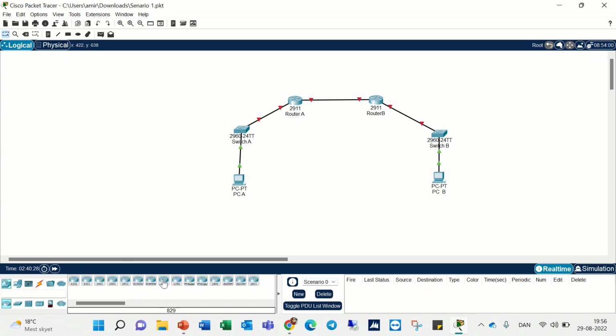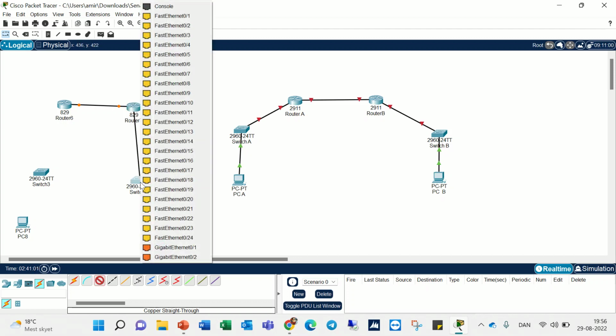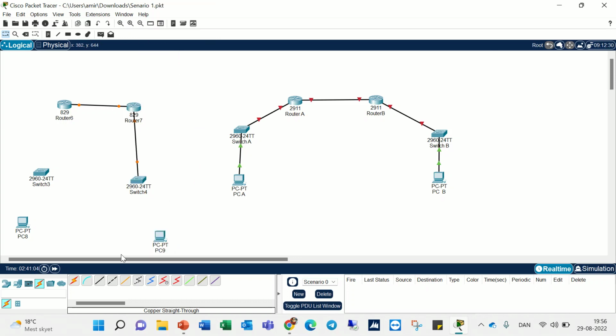You can drag any two routers here, and after that two switches and two computers here, as you can see, and under connections you can connect this one to this one, and this one to this one, and the other things also. Whatever, it's very easy.